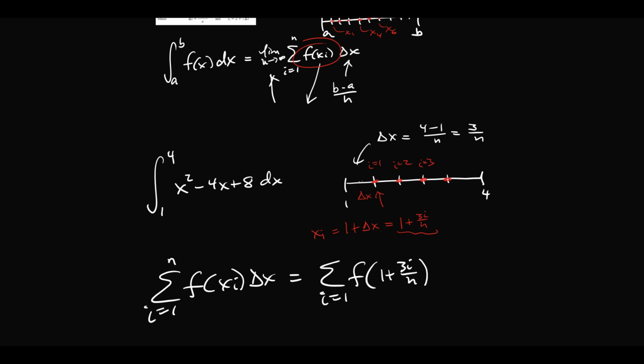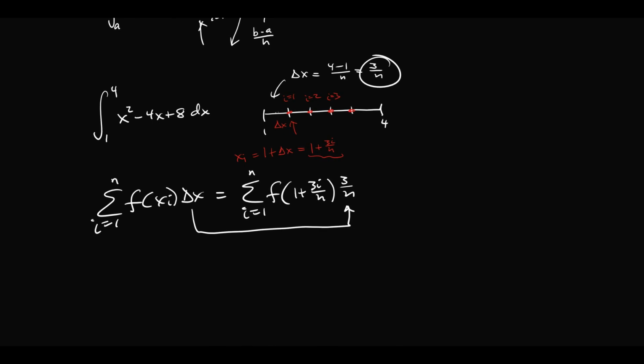This is i equal 1 to n. And then the delta x, that was just found to be 3 over n, right? So this is 3 over n. Okay, now we evaluate what f of that is. So this here, inside the integrand, that is f of x.